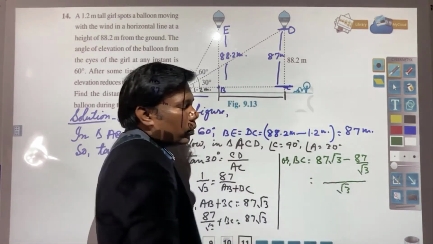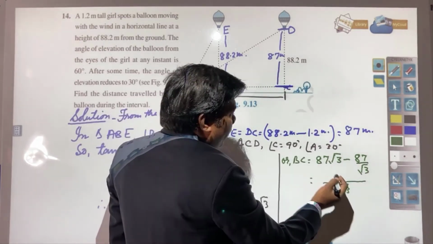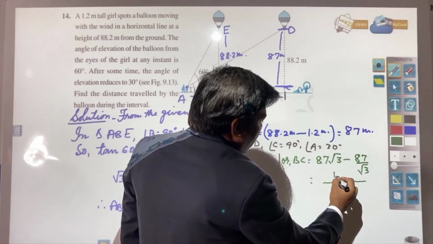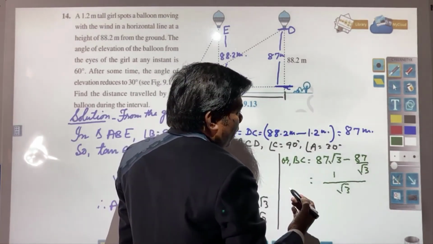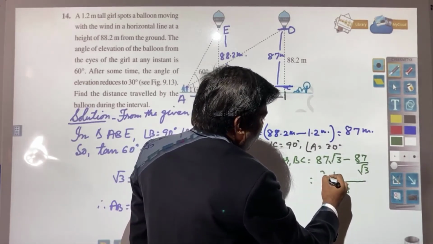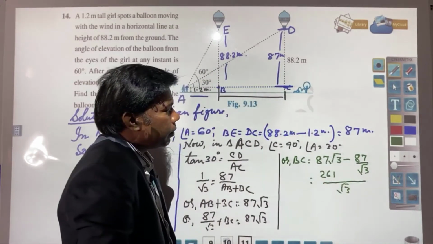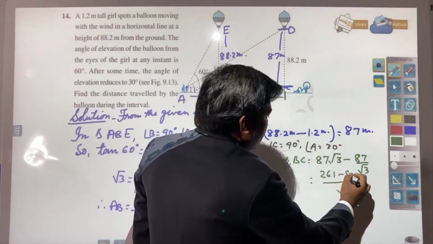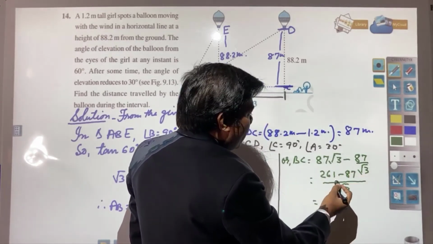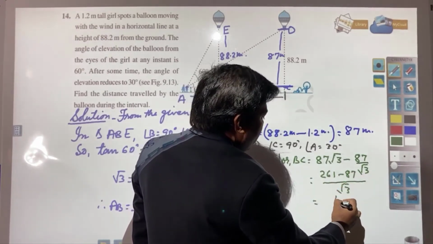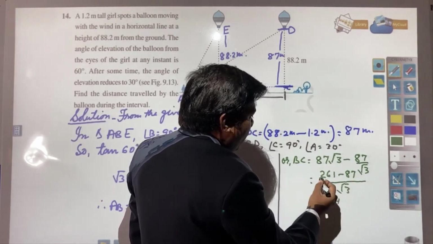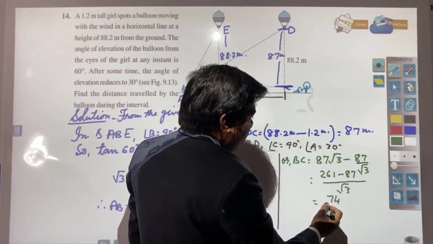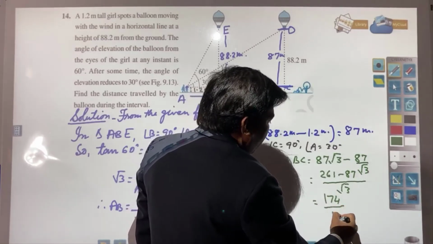Root 3 into root 3 is 3, and 3 times 87 is 261, minus 87 gives 174, divided by root 3.